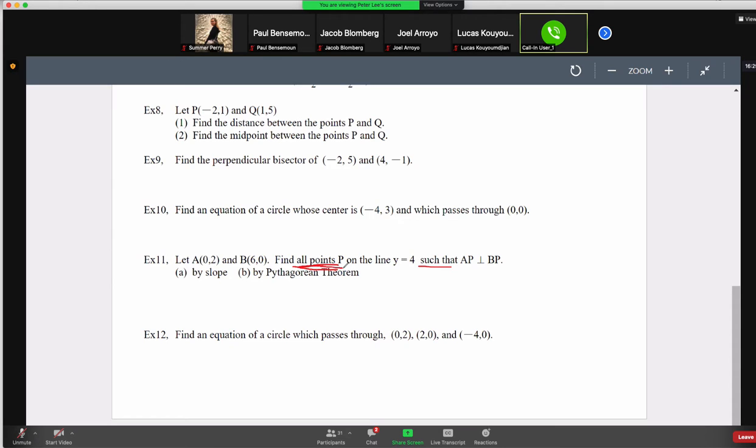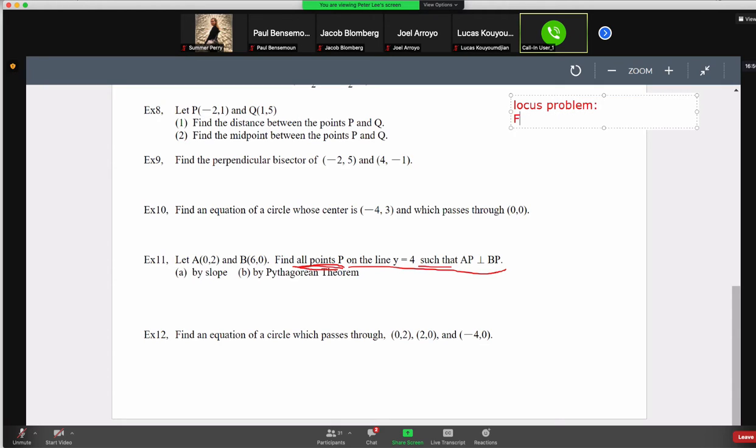When you have to find all the points with some kind of criteria, that's what we usually call a locus problem. Again, a locus problem is a very important type of problem. Let me write it down over here. What is a locus problem?